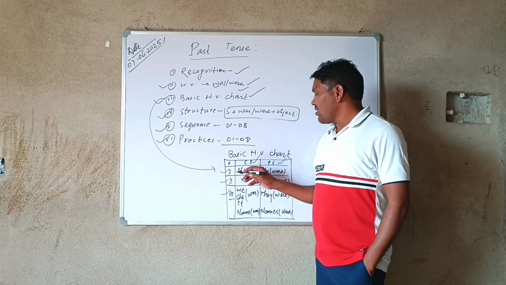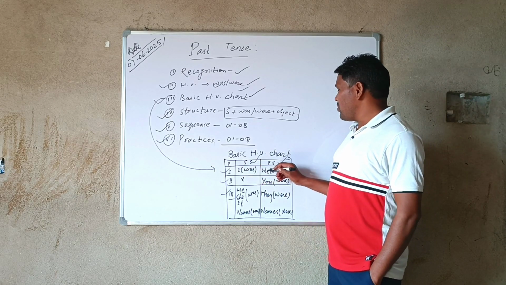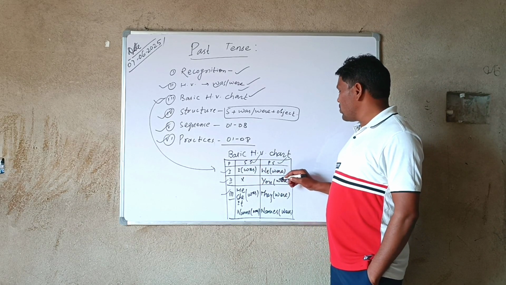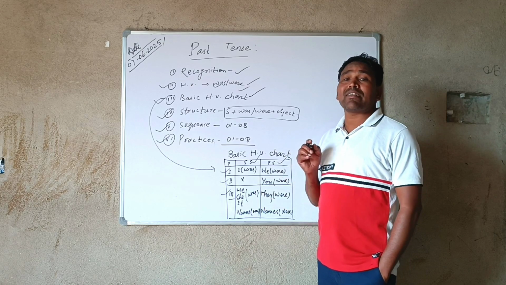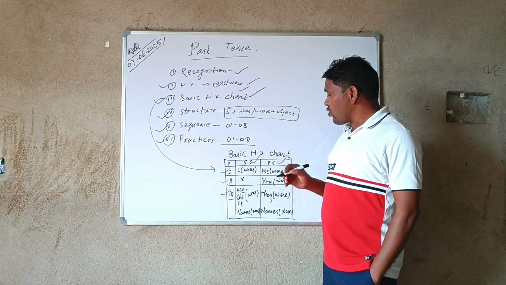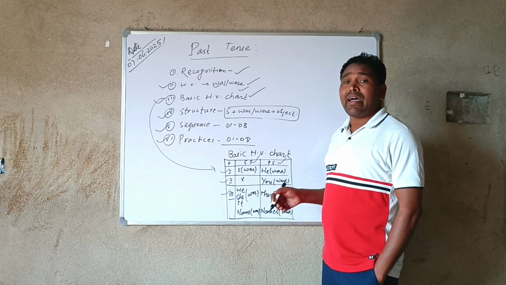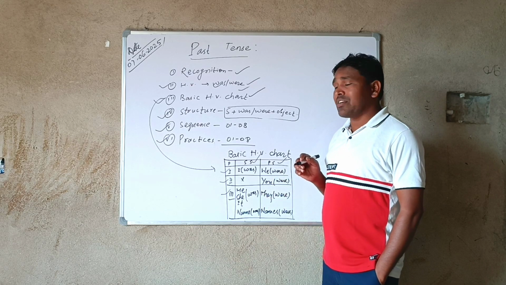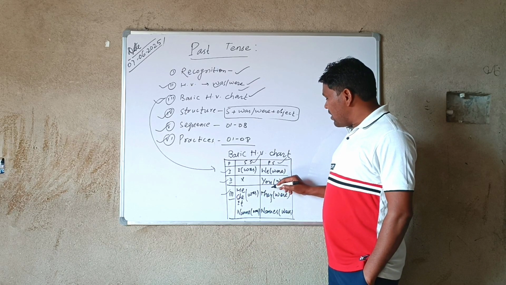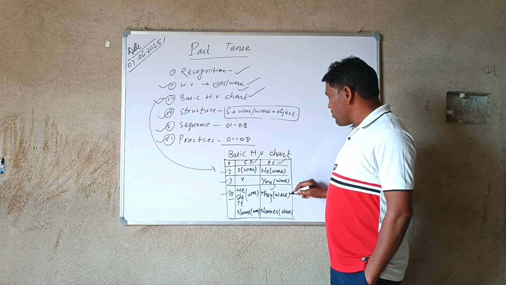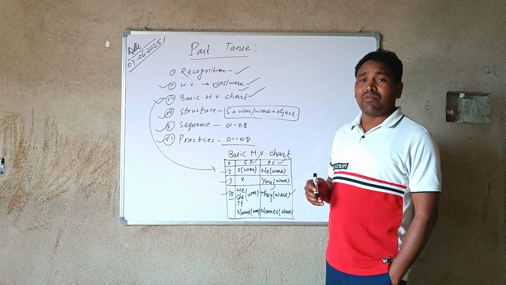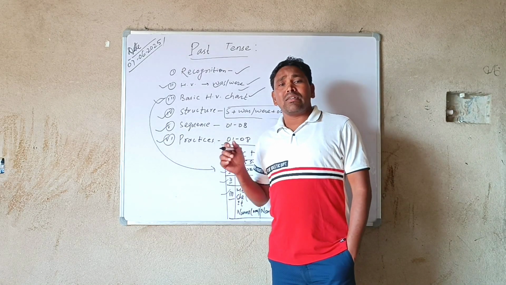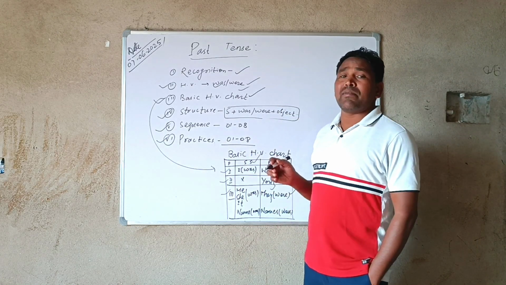Here you can see with I, was, with we, were, with you, were, with he, she, it, the singular subject of third person, always was is used, and with the plural subject of third person, always were is used. With name was, with names were. So this is very important.